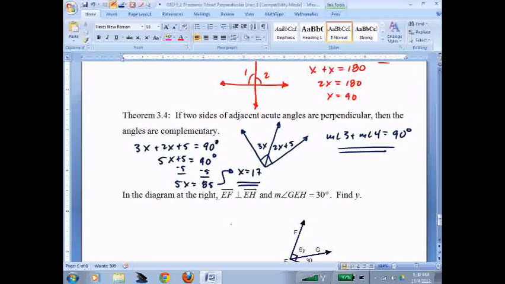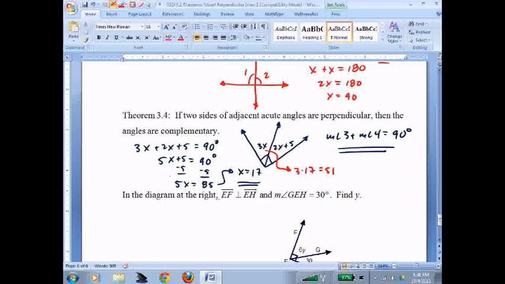And you can always check. 3 times 17, that's this one, equals 51. 2 times 17 is 34. Well, it looks like I might have made a mistake. No, I think I did that right. 3 times 17 is 51. 2 times 17 is 34.